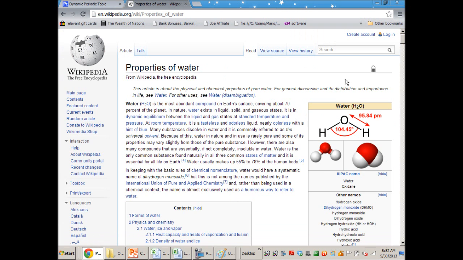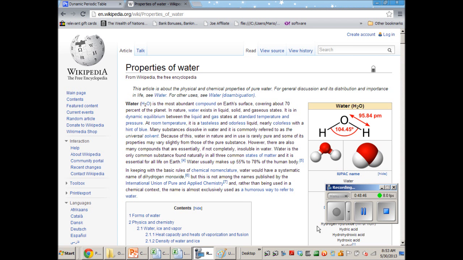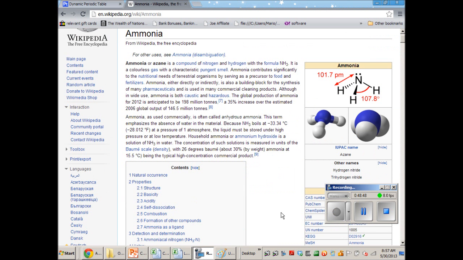Usually the right answer is just to look it up on Google. Okay, so here's ammonia. I asked how much one lone pair is going to distort the parent tetrahedral geometry from 109.5 degrees, knowing that water goes to 104.45 degrees with two lone pairs, and apparently it's in the middle, 107.8 degrees for ammonia.